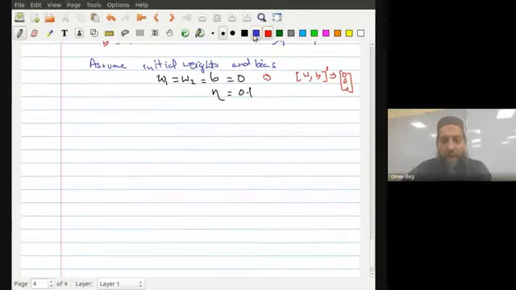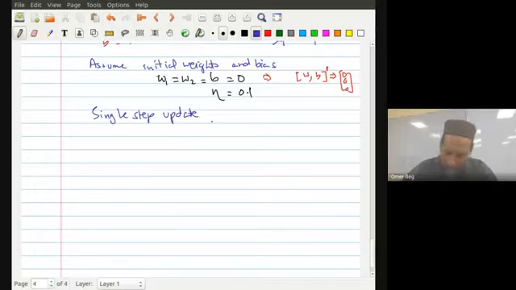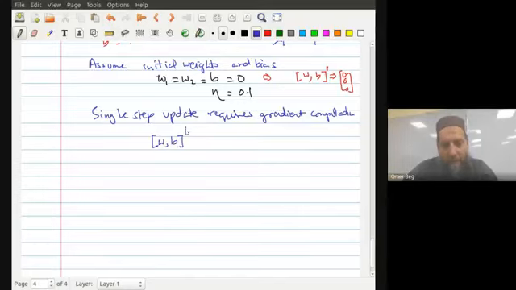So what would happen in the next step? The single step update requires gradient computation, because in the next step we are going to have w and b at time step 2.